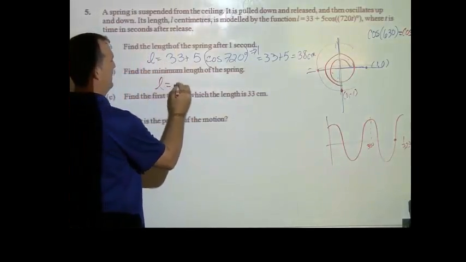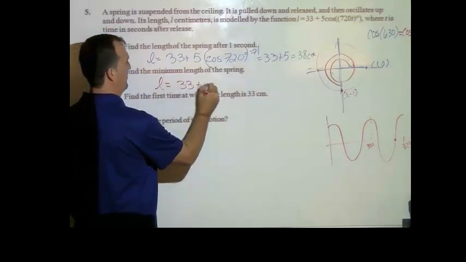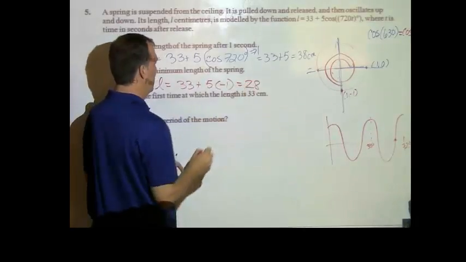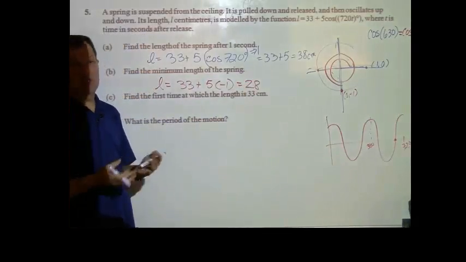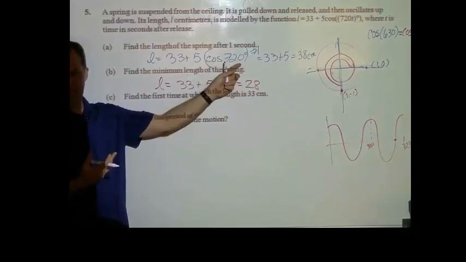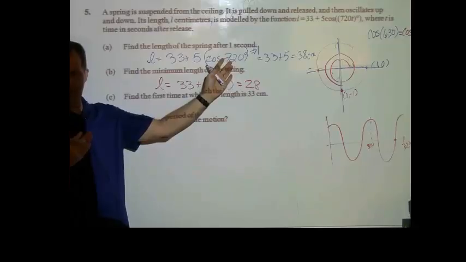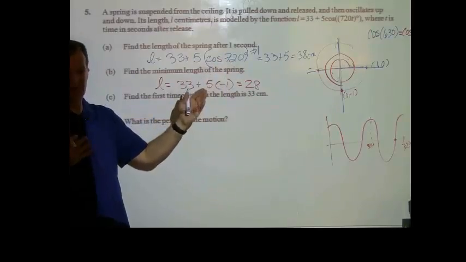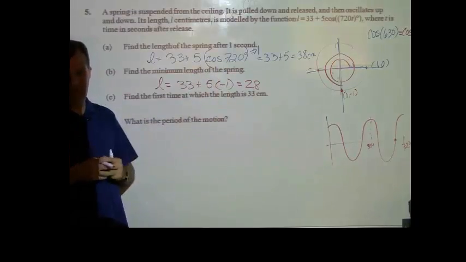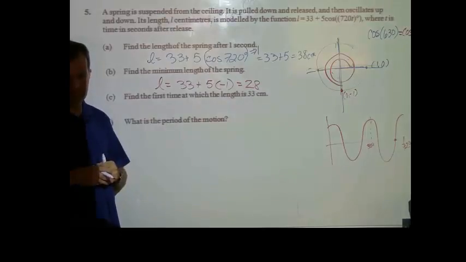So the length is 33 plus 5 times -1. They're not asking me when that happened, so I don't have to know what degree that was. What I need to realize is that cosine can have a -1 value. So 38 is the maximum, 28 is the minimum.